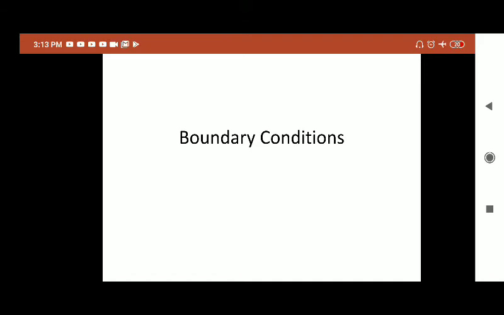In this lecture, we are going to discuss the boundary conditions. We will discuss the boundary condition for different materials. Basically, a boundary is simply the border between two materials. The material may be a dielectric or a conductor.